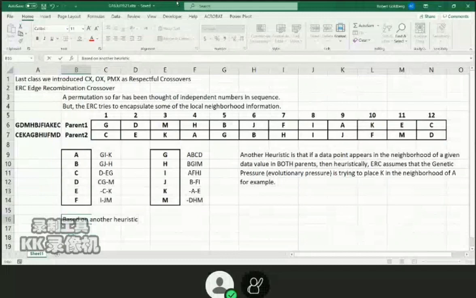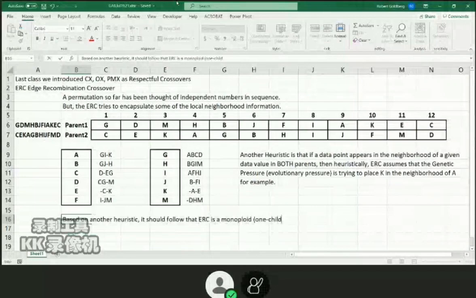Based on another heuristic, it should come out. I'll say what that heuristic is later. It should follow that ERC is a monoploid one-child approach.